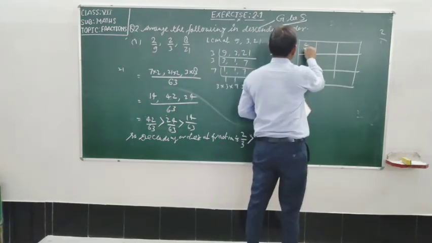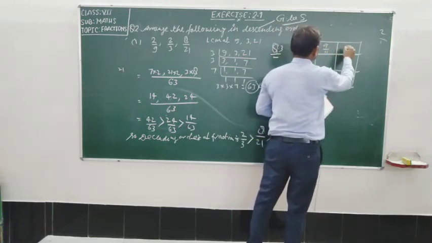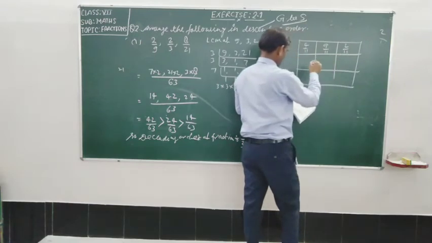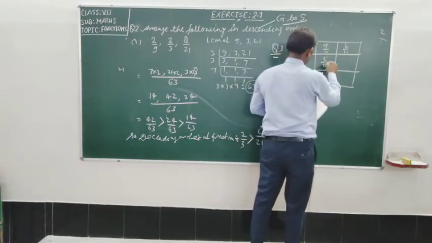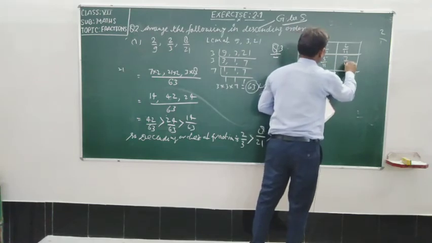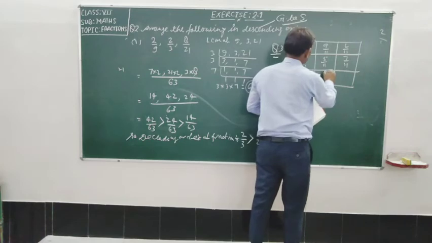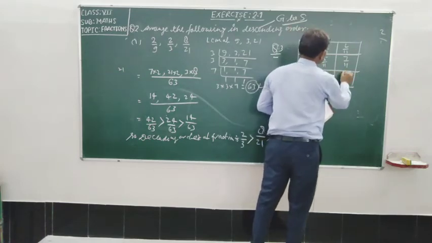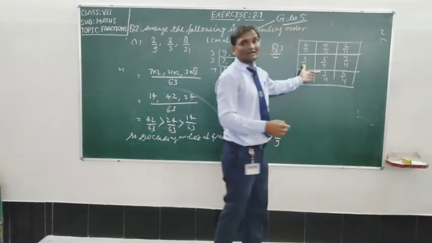4 upon 11, 9 upon 11 and 2 upon 11. 3 upon 11, 5 upon 11 and 7 upon 11. 8 upon 11, 1 upon 11 and 6 upon 11. Look here, student. Is it a magic square or not?